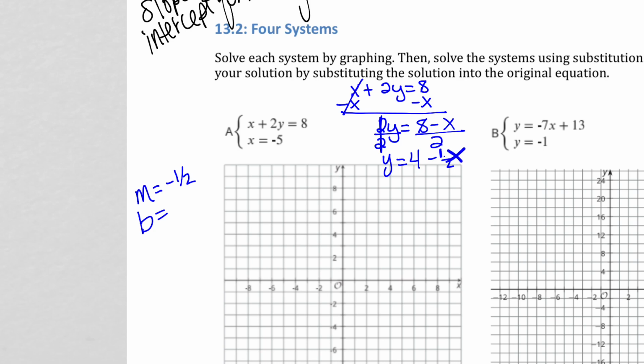Okay, basically we could move the x to be beside it and have negative 1/2. So what is our y-intercept? What is our b? Negative 1/2. What did it before? 4.